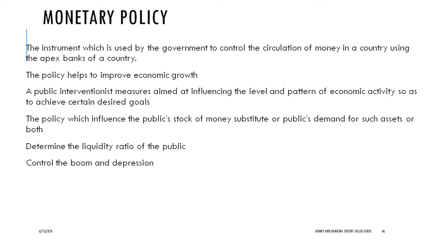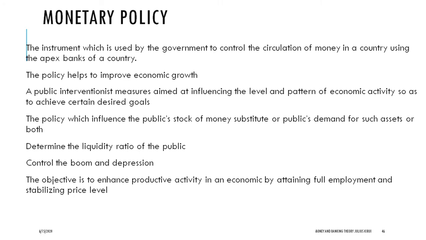Remember, we had a depression in 1928, which made the countries change their policies, and the policies which were used were mostly monetary policies and fiscal policies. The first policies to be used to bring back the economy or to change the direction of an economy are actually monetary policy and fiscal policy.